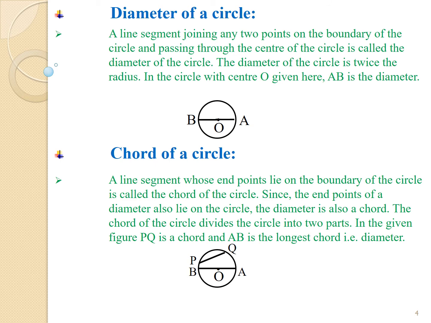Here, AB passes through the center of the circle. Thus, we can say that all diameters are chords, but all chords are not diameters, because a chord may or may not pass through the center of the circle.